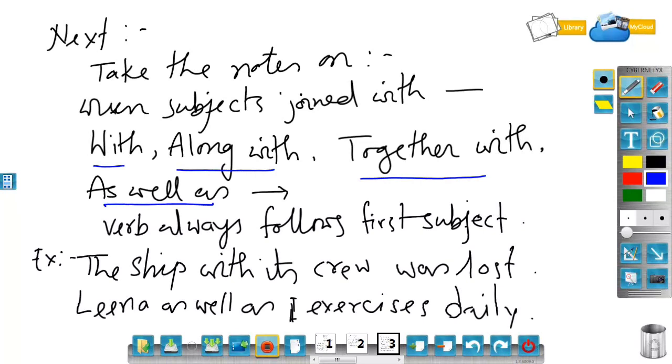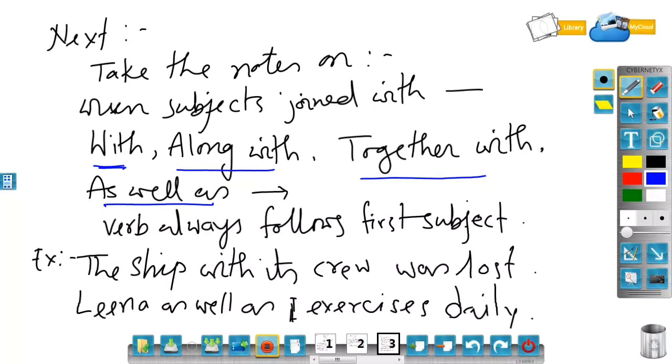When there is more than one subject, but they are joined with these, you may be confused whether the subject is singular or plural, and whether the verb will be singular or plural. In each and every case, the verb will be according to the first subject.